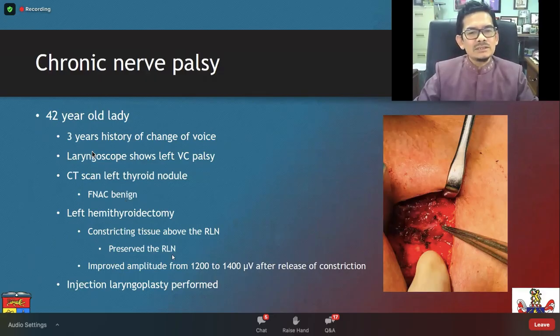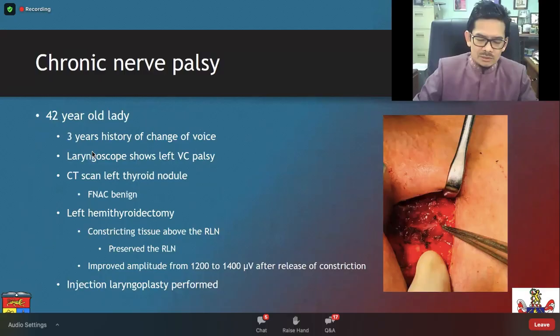We preserved the recurrent laryngeal nerve on the left side, and there was a constriction just above the nerve. And when we cut or released the constriction, the amplitude improved from 1,200 to 1,400. So we think this is what was causing the vocal cord paralysis. Because the patient still had vocal cord paralysis, we did injection laryngoplasty, but we did not need to do nerve anastomosis or reinnervation. This is a benign condition of the nerve.